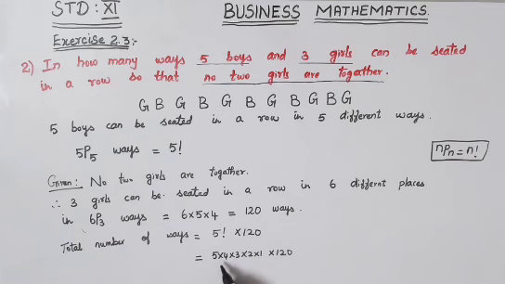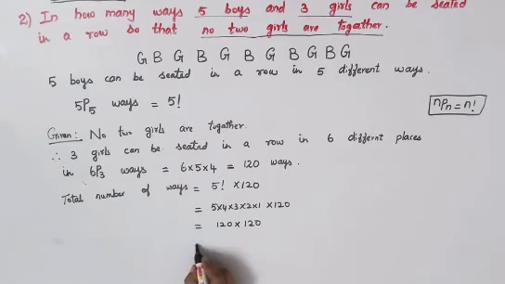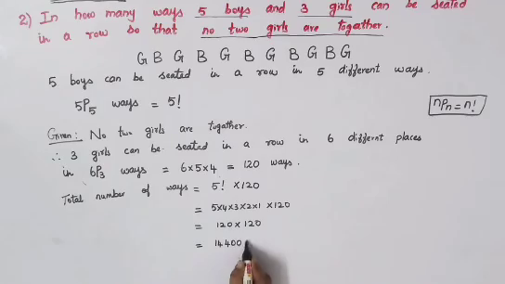Now multiply: 5 fours are 20, 20 threes are 60, 60 twos are 120. So here also you will get 120. So 120 into 120, you will get 14,400 as your answer. So this is the answer for your second question.